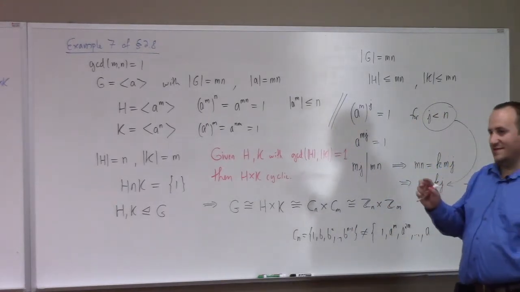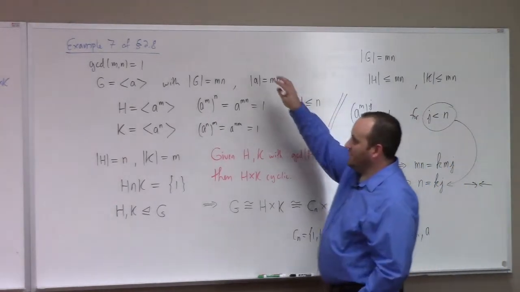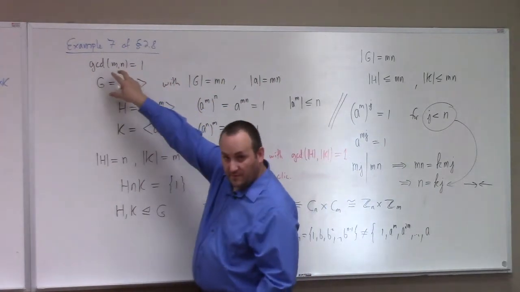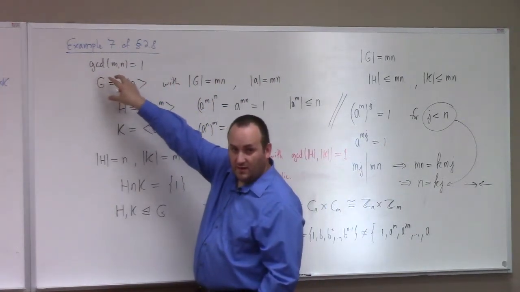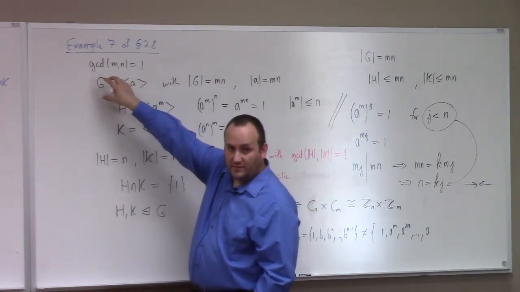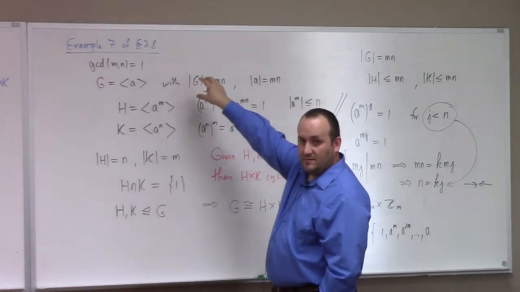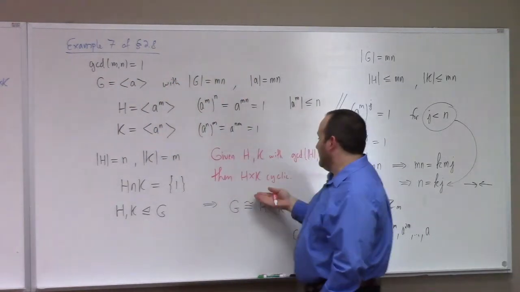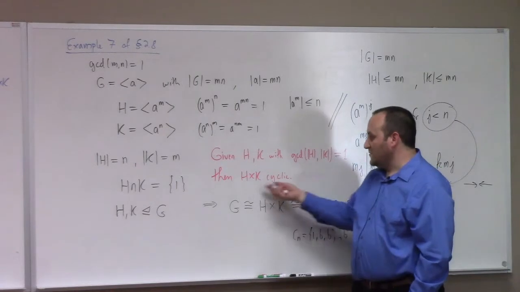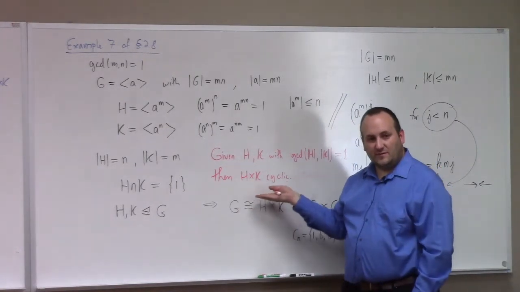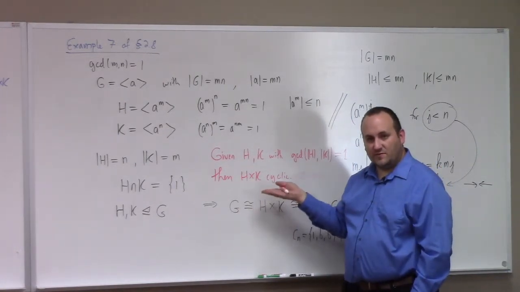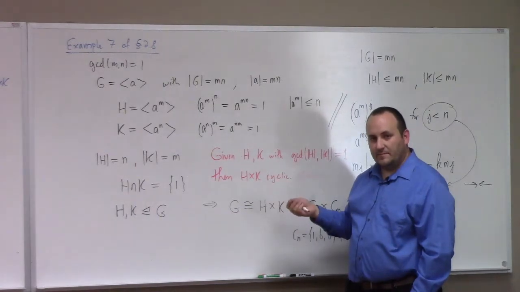This is different. This is saying, given a cyclic group made from relatively prime product orders, then it is isomorphic to the Cartesian product of those suborders' cyclic groups.